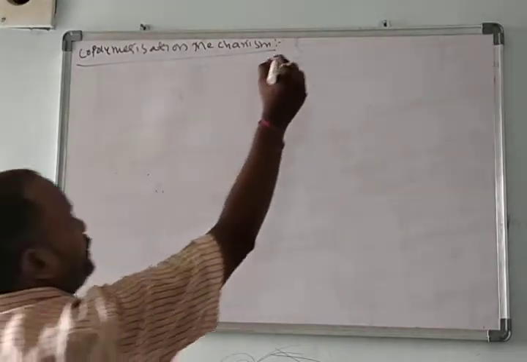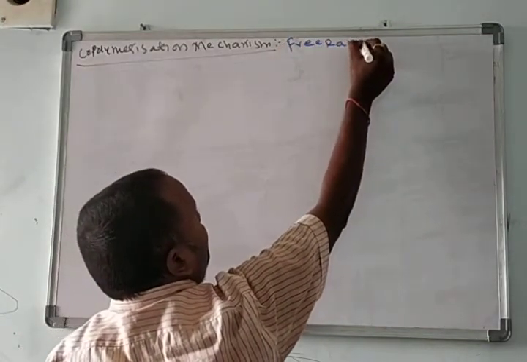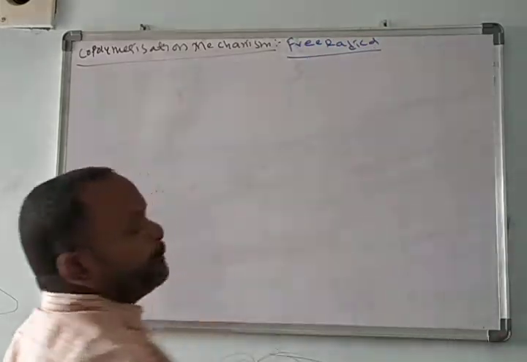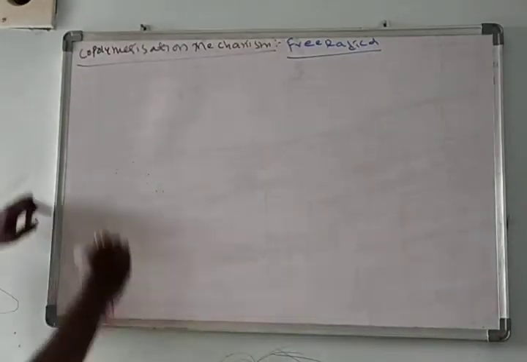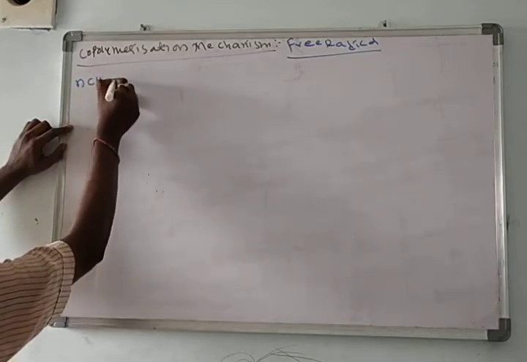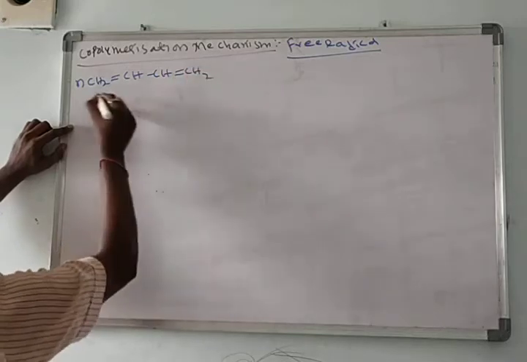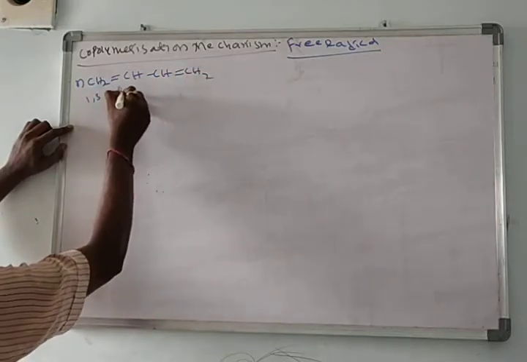Here I am using free radical, again we are using free radical copolymerization mechanism. Okay, here I am taking number of 1,3-butadiene molecules. This is the 1,3-butadiene.